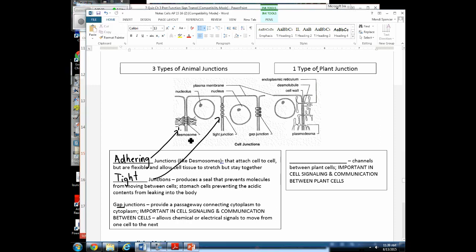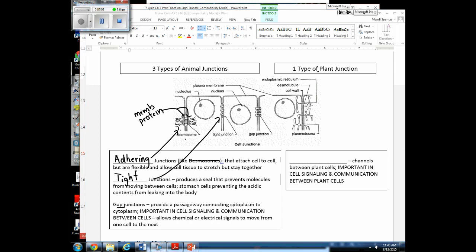Now, desmosomes are a type of adhering junction, and it's not important that you have them memorized, but you need to know more that when there's an adhering junction, cells are attached together and there's membrane proteins involved. So here's the membrane proteins. And adhering junctions keep cells together, but it also allows them to be flexible so that these cells and these tissues can stretch.